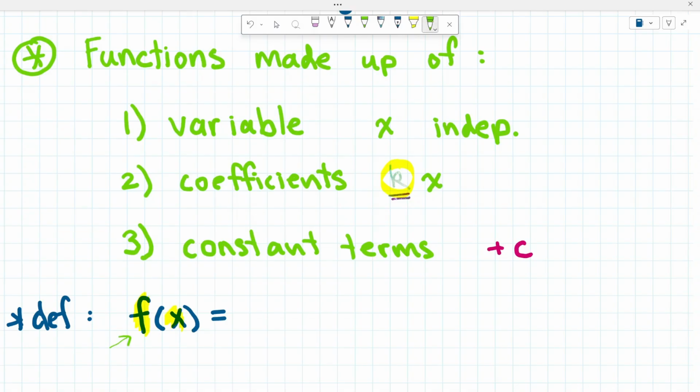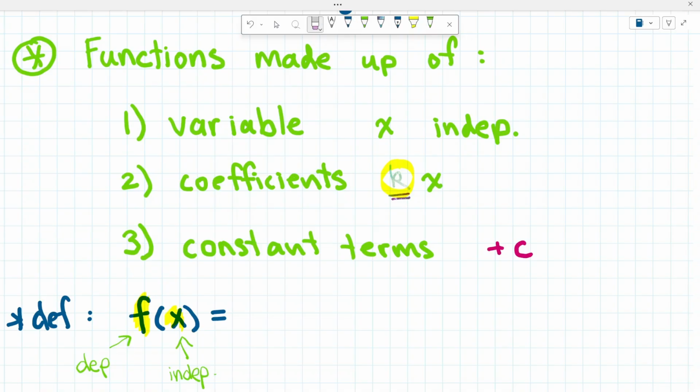So f is dependent, x is independent. That means that we are feeding different values of x into our function, and every time we give a different value for x, we're going to get a different value for f. F depends on x. That's how you can understand it.